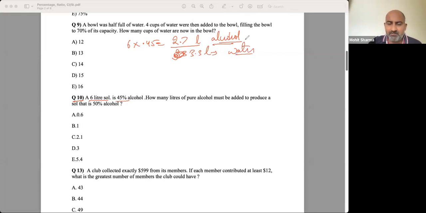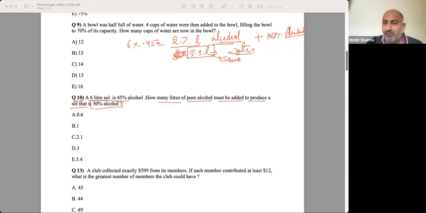Water or anything. How many liters of pure alcohol must be added to produce a solution that is 50% alcohol? Now we are adding pure alcohol to it, 100% alcohol. That means the quantity of water remains the same. It doesn't get changed.